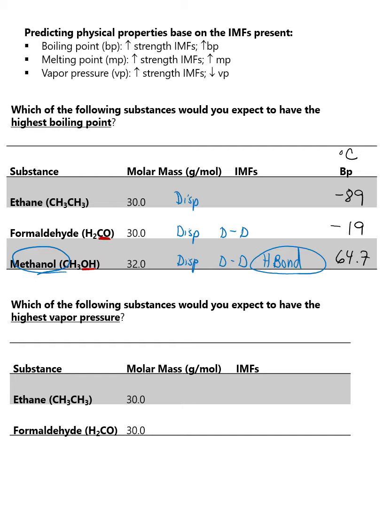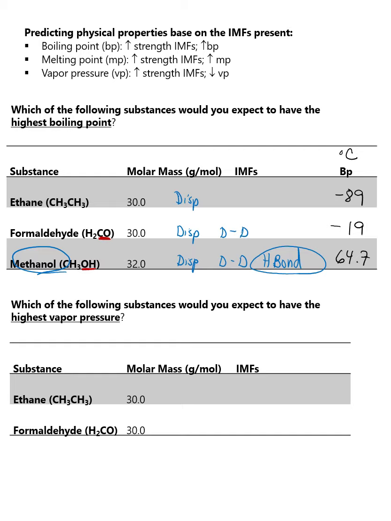Now, what that number is telling you, look, a negative number for a boiling point means that that compound is actually a gas. For you to have that compound as a liquid, the temperature needs to be below negative 89. As soon as that temperature increases from negative 89 to any other number larger than that one, you will have a gas.